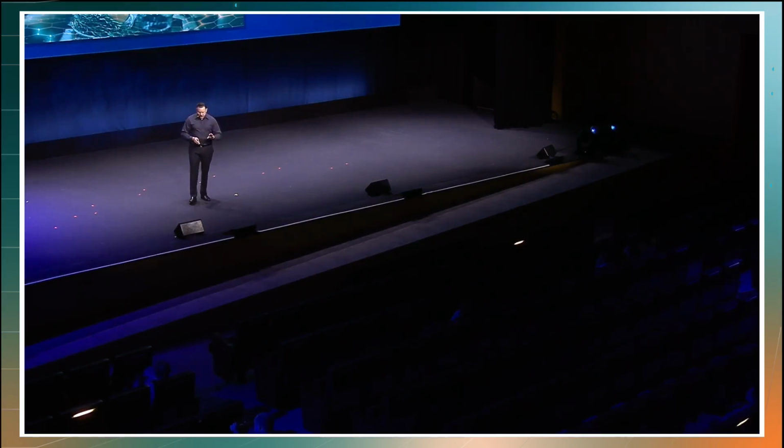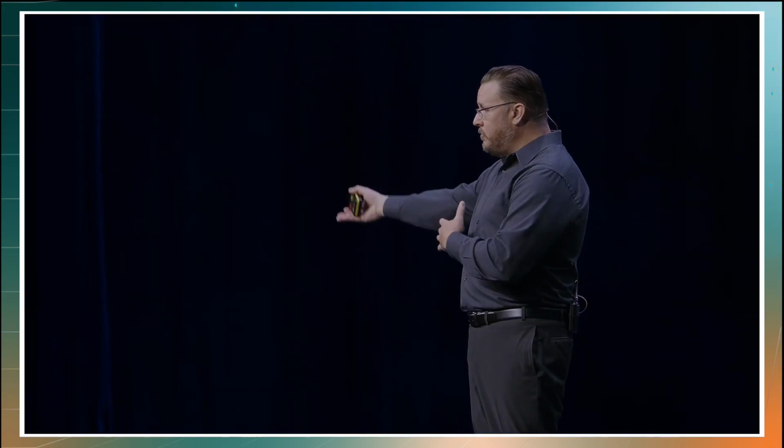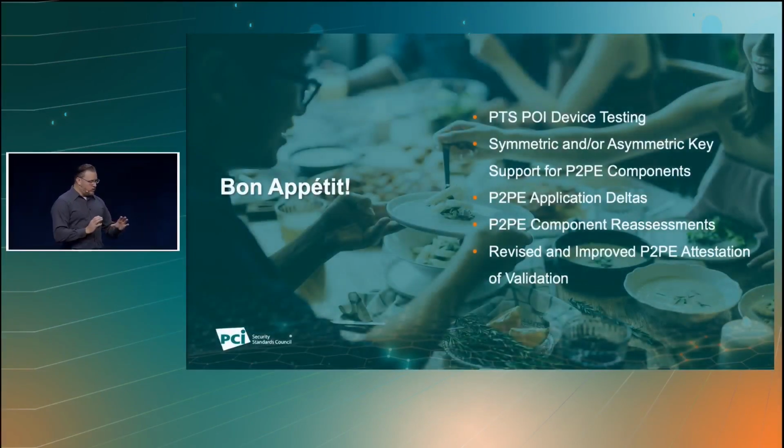And the next two are sort of similar, deltas and reassessments. These are items, the applications and the components, that are primarily consumed by solutions. And so when those products were going through certain changes, for applications here it's a delta, for components a reassessment under certain criteria, the way that it's linked to the solution listing is by a reference number. It's a unique identifier for the listing. And what we've done is kept that reference number static.